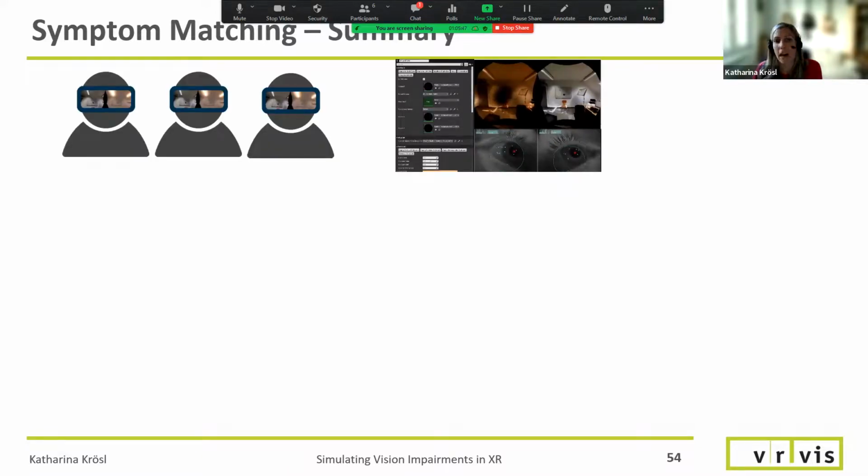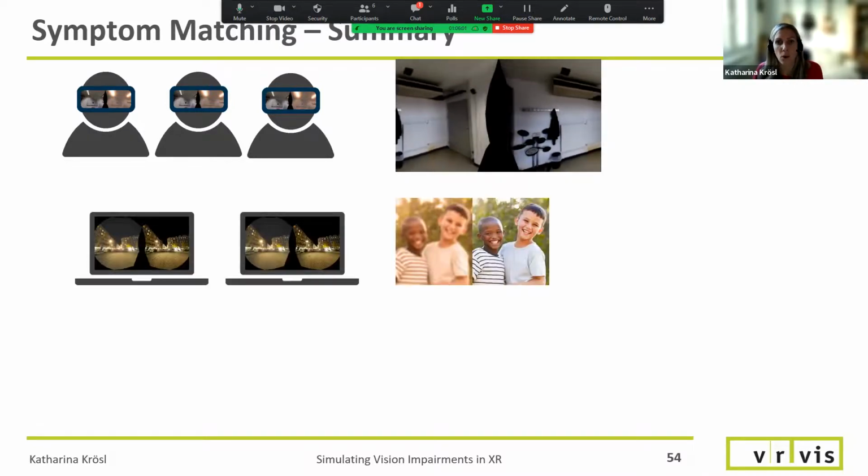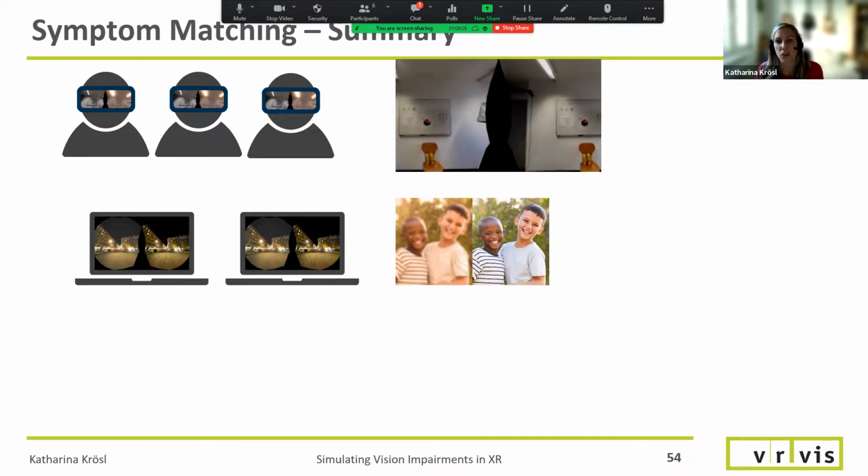So with this pilot study, we just tested the feasibility of our methodology, actually. But we also gathered some qualitative feedback. And with our remote experiments, we tested a way to compare our simulation to related work.